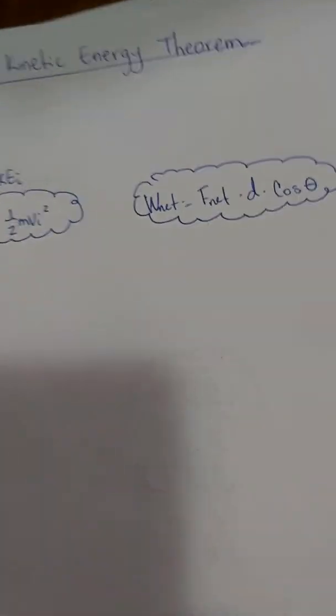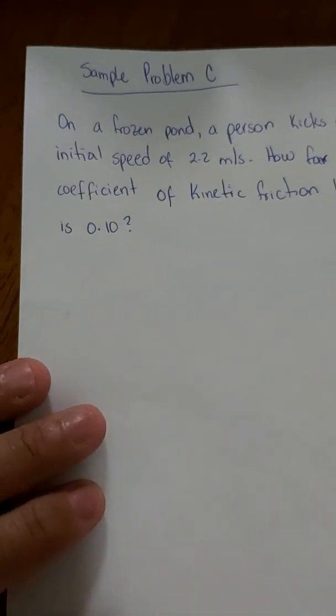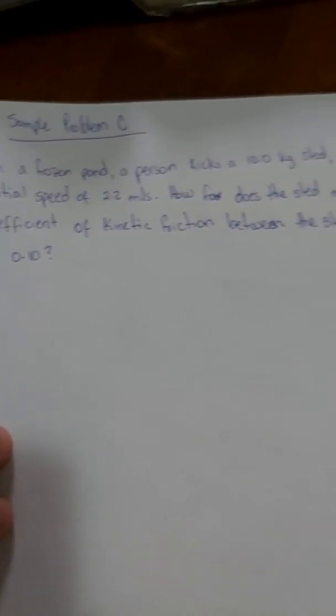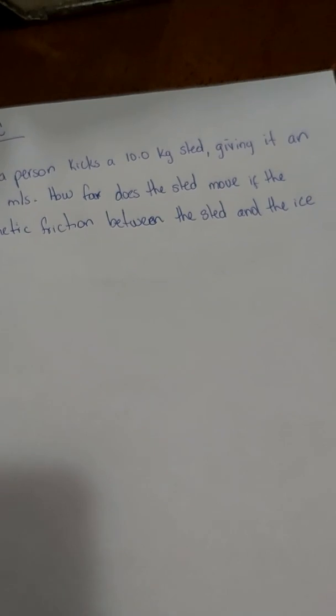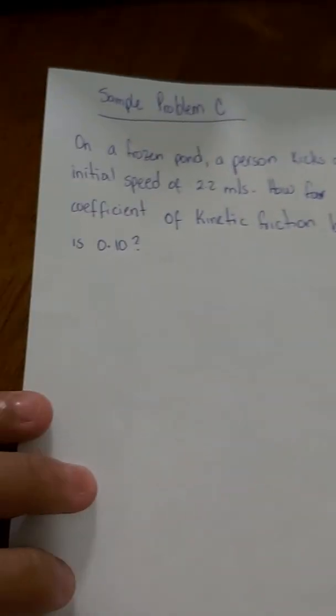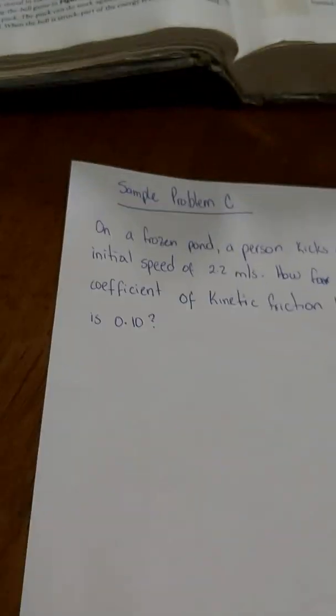Now, practice C says the following. On a frozen pond, a person kicks a 10.0 kilogram sled, giving it an initial speed of 2.2 meters per second. How far does the sled move if the coefficient of kinetic friction between the sled and the ice is 0.10?